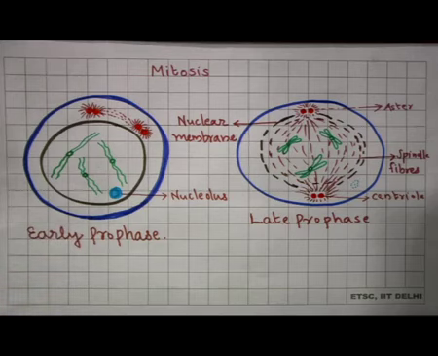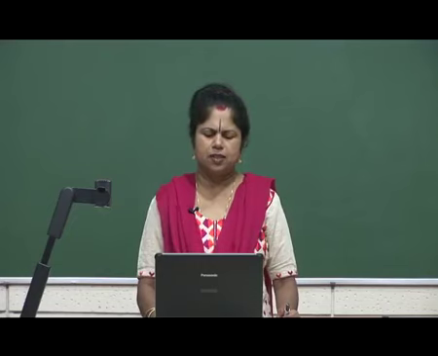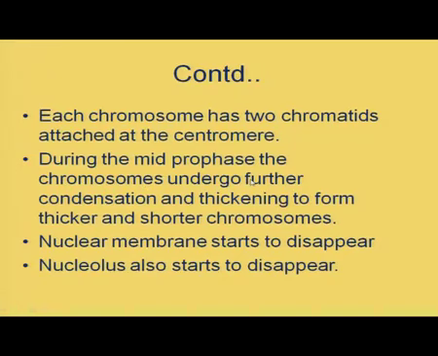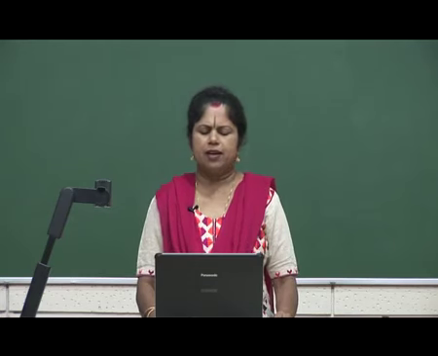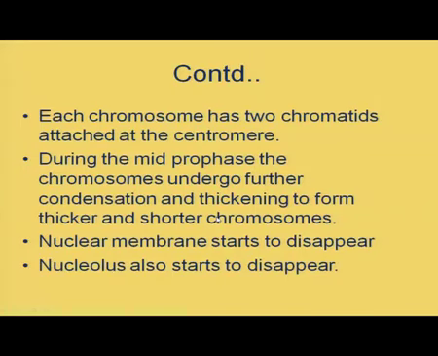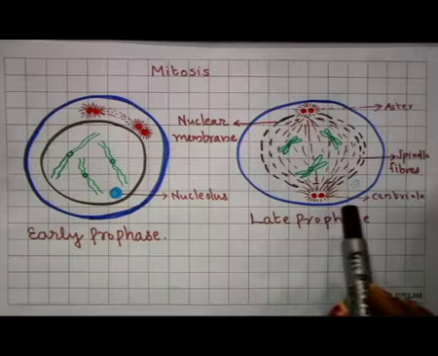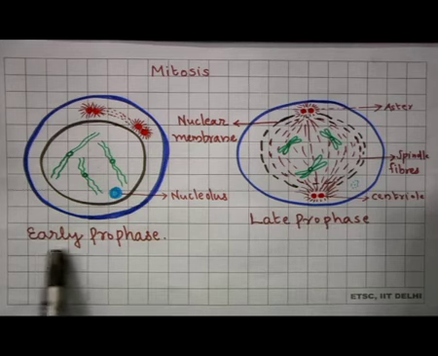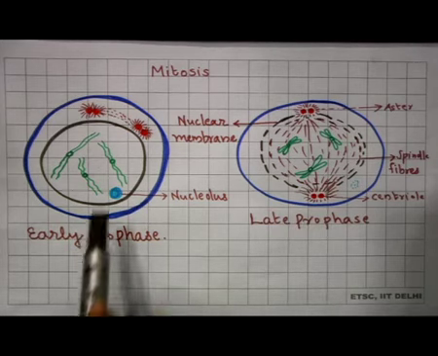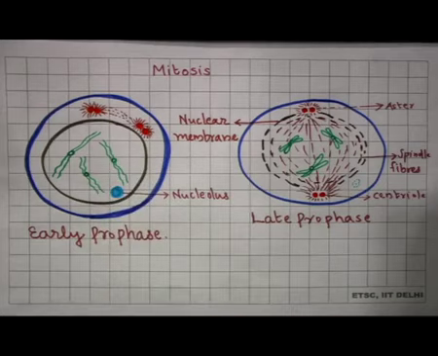During this mid prophase stage, chromosomes undergo further coiling and condensation. Again the chromosomes undergo coiling and condensation, that process continues, and finally it becomes a thick and rod shaped structure. Here you can see the later phase of this prophase, and compare this one with the early prophase stage, there is a huge difference.